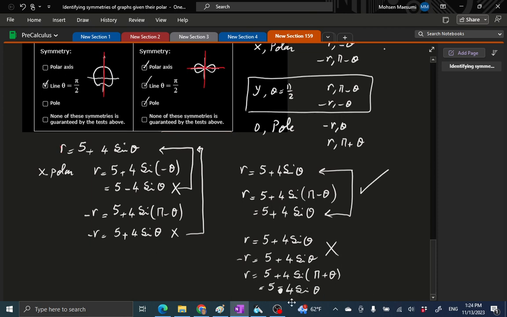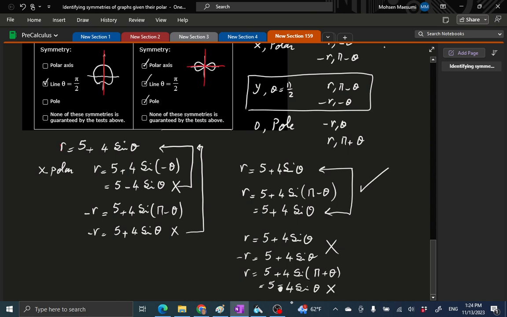Again, this equation is not what we had at the beginning, and therefore this test also fails. So with the tests that we have at our disposal, we cannot say that this picture is symmetric with respect to the pole. So that one is not going to be chosen.